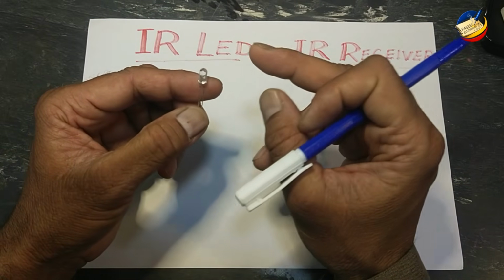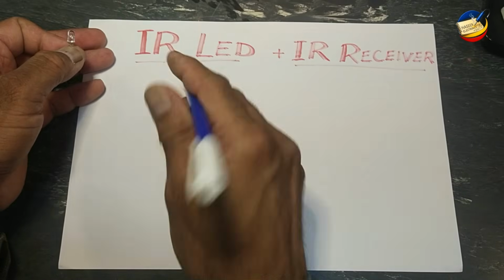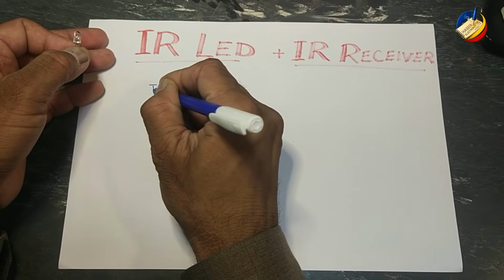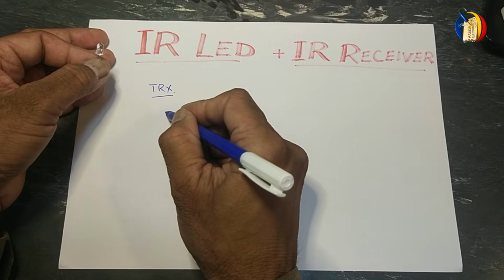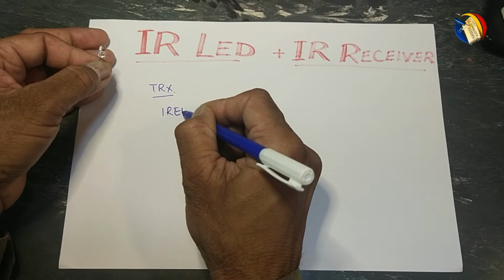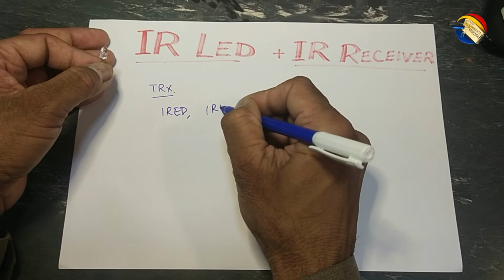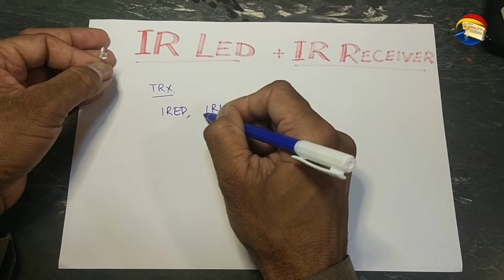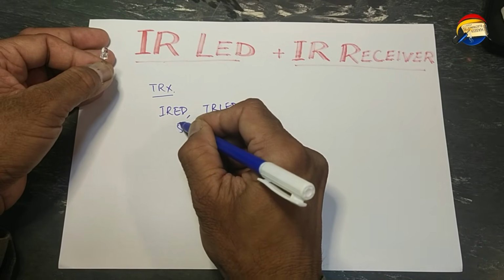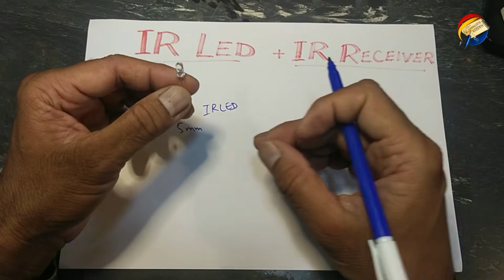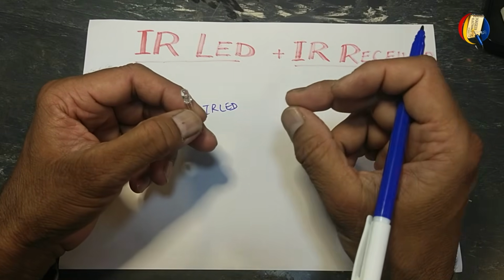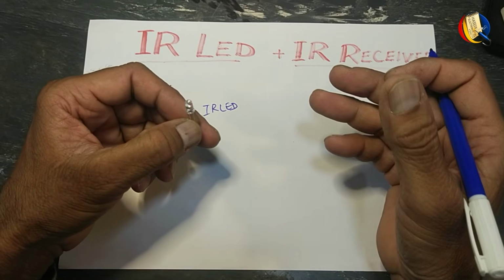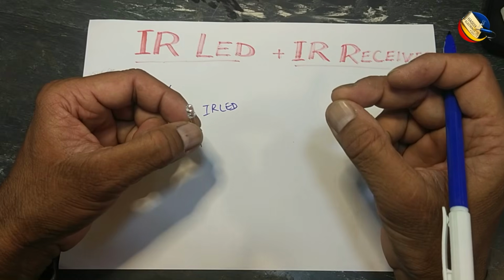IR LED, IR transmitter, IR LED. It is 5 mm body size. It is different than a simple LED. A simple LED drops 1.8 volts with a maximum of 20 milliampere current.